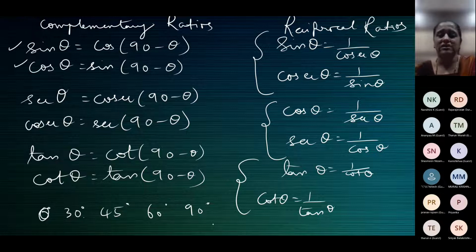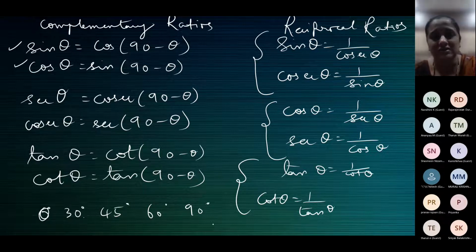The standard identities are what we discussed initially. Sin square theta plus cos square theta is 1. Secant square theta minus tan square theta is 1. Cosecant square theta minus cot square theta is 1. These are the three basic or standard trigonometric identities. Using these three identities, we will have to prove other trigonometric identities.